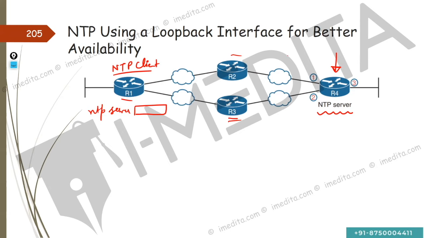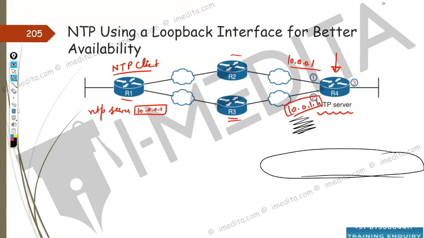And assuming the IP address here is 10.0.0.1, and the IP here is 10.0.1.1. The problem is, if I configure R1 with an NTP server of 10.0.0.1, what will happen?